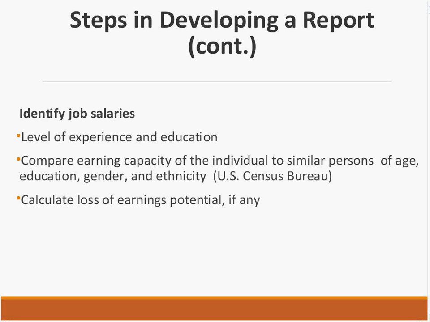Steps in developing a report, and the last step, which is obviously the most important step when it comes to damages, which is what a vocational expert is all about, not causality, is identifying job salaries. And salary is something else that in and of itself is not always easy to determine. There are a fair number of private sites out there, such as salary.com, as well as public sites that have salary information on it.